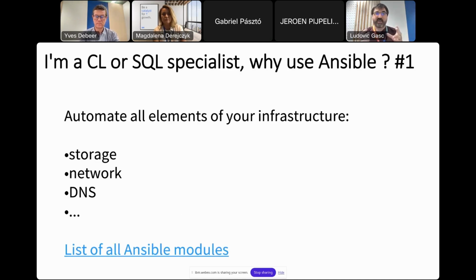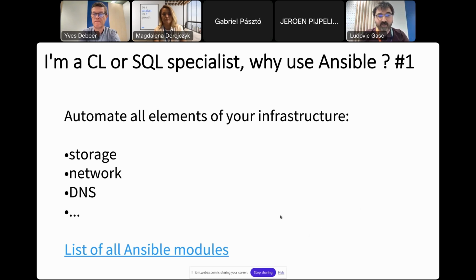Why use Ansible if you are already a specialist of SQL or CL? Simply because with CL or SQL, you automate only inside the LPAR of IBMi. Contrary to that, with Ansible you can have a holistic approach to manage all elements of your infrastructure: the storage, the network, the DNS.